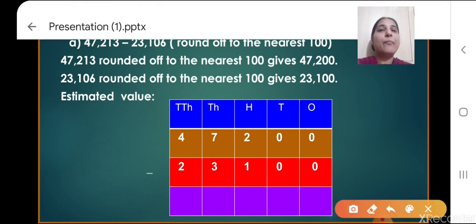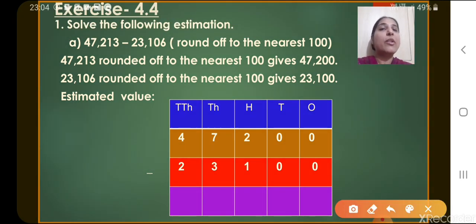So to round it off to nearest 100, we have to see the digit at the tens place, which is 1 here, which is less than 5. So what will be the round off of 47,213 to nearest 100? Yes, it will be 47,200.